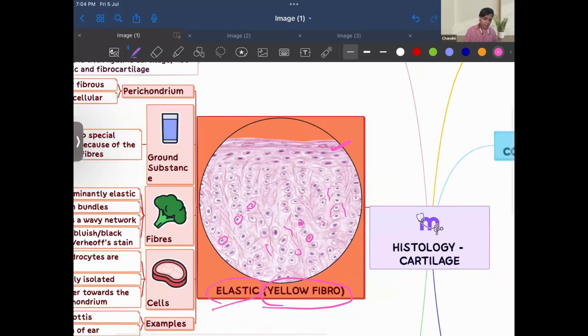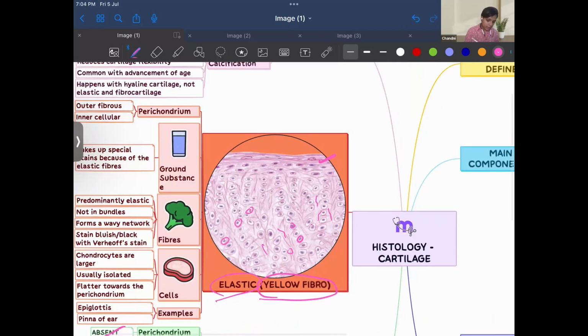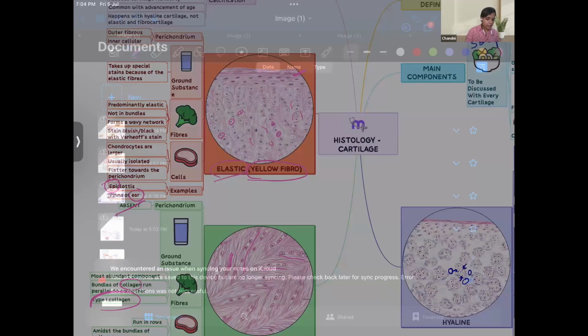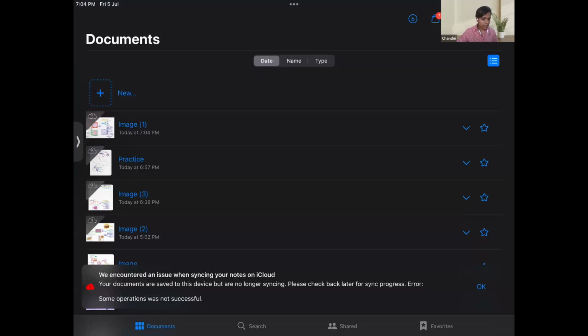And this is seen in examples, E. I've written only ear and epiglottis here. Another one is the eustachian tube, which is your auditory tube. Not all of it, part of it, right? Okay, cartilage done. Easy, I hope it was easy.